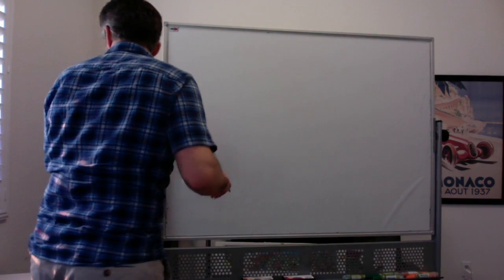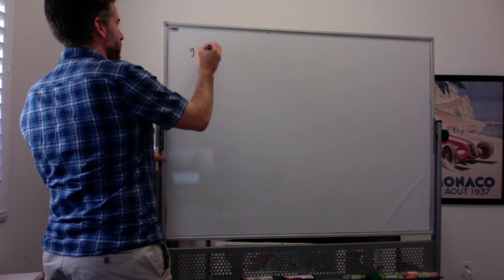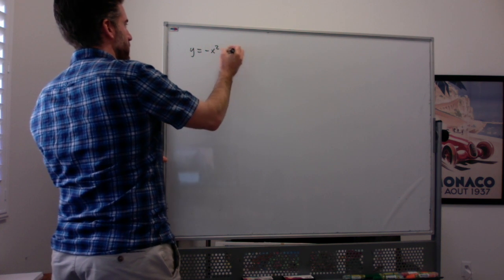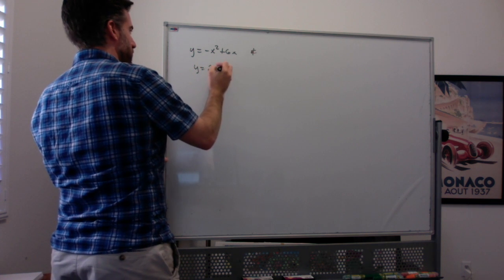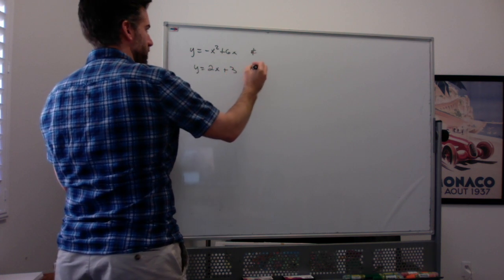So I want to find where the parabola y equal to negative x squared plus 6x and the line y equal to 2x plus 3 intersect.